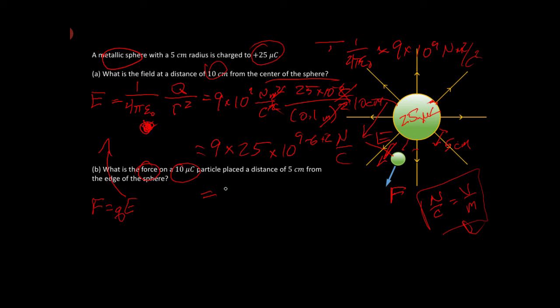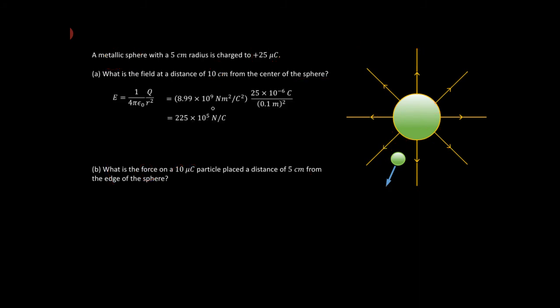So we have another one, so we have 225. All right, times 10 to the 9 minus 6, which is 3, plus 2, which is 5. So 10 to the 5th newtons per coulomb. And I guess I'll leave it there because I don't like mega newtons. That's a funny sounding thing. So we have 225 times 10 to the 5th newtons per coulomb for our field.